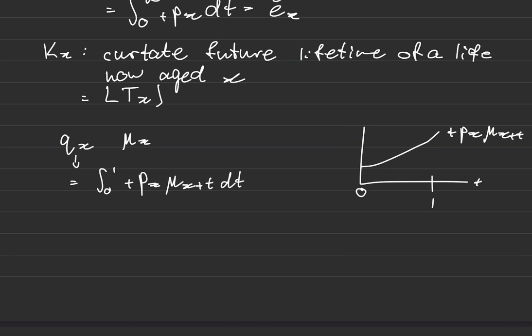Now how am I going to compare this to mu x plus t? Well, there's a useful trick I can take advantage of. If I drew this constant line down here, at this particular point I have 0px mu x plus 0. Now 0px is the probability that a life aged x survives the next 0 years.